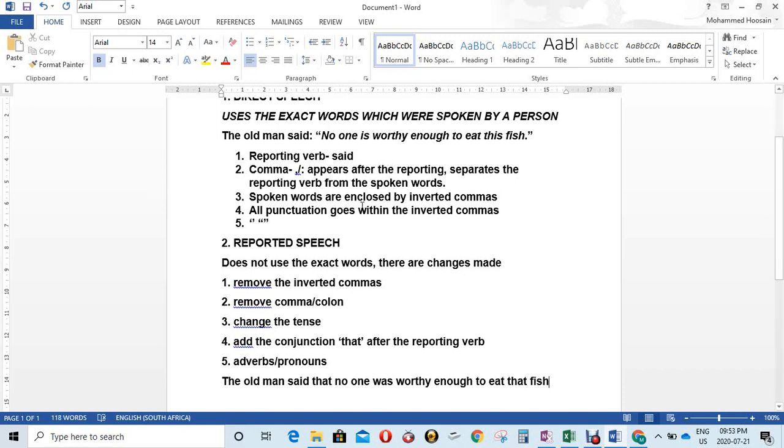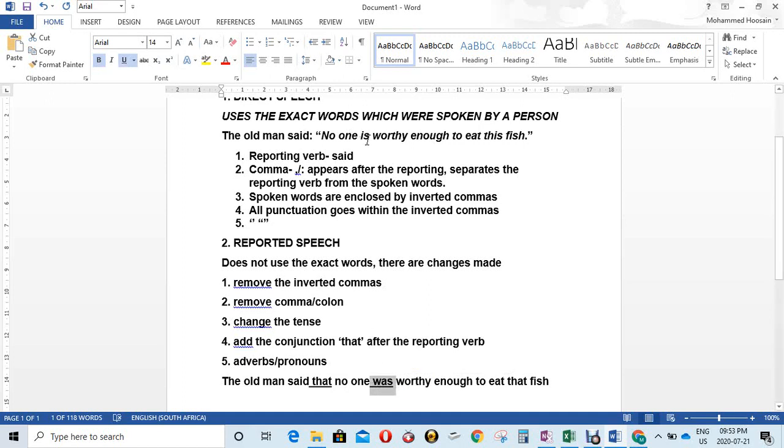Here's my conjunction between my reporting verb and my spoken words. I have not started the spoken words with a capital letter because it's part of a continuous sentence, unlike the first example.